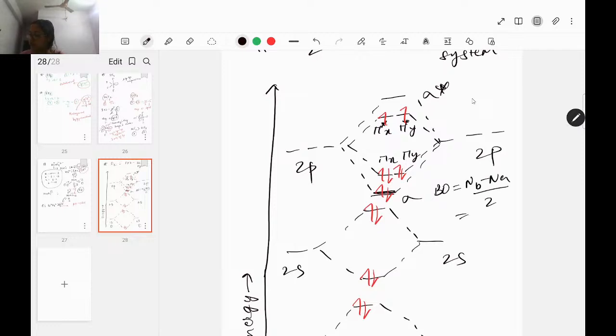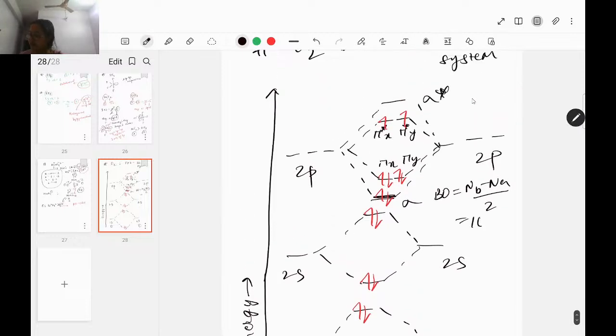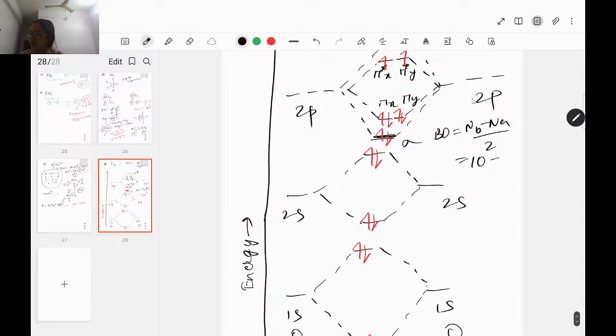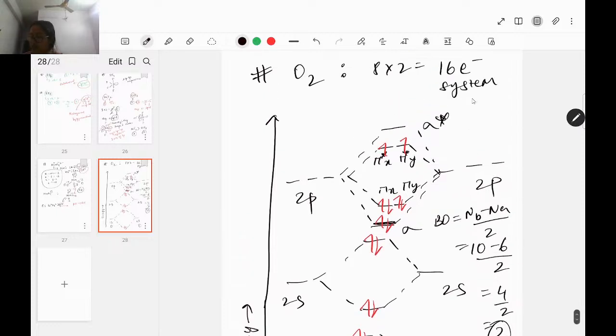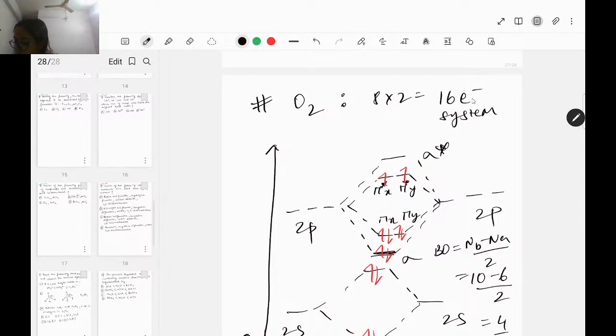The number of bonding electrons is 10, minus 6, by 2, which is 4 by 2, which is 2. So the bond order over here is also 2. Okay, I hope you understood how to find the bond order and how to draw the orbitals. So this is an oxygen system where the 2s-2p mixing is not happening, so the sigma is below the pi. But in the case of a 14 electron system, the sigma is above the pi.